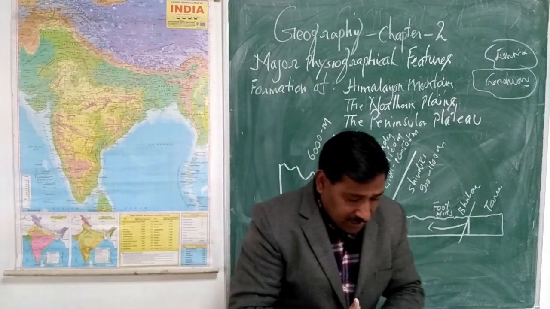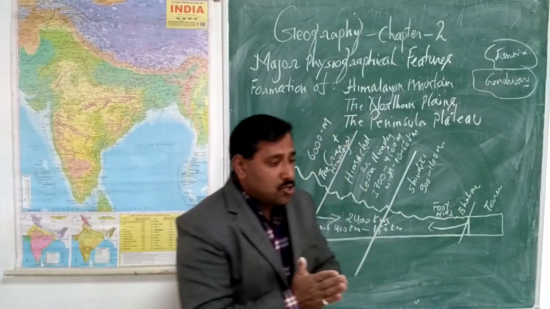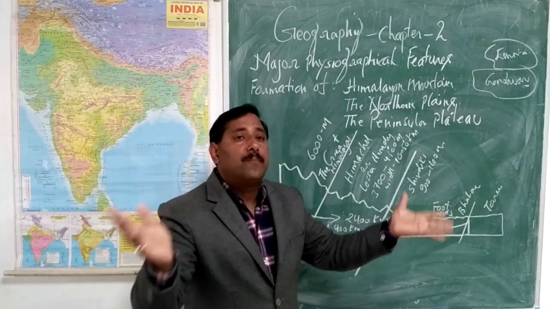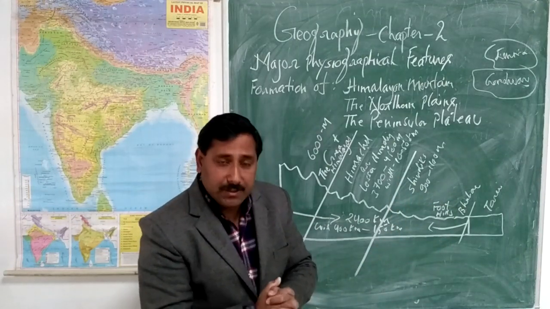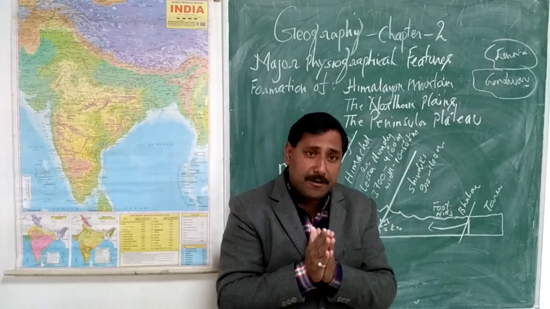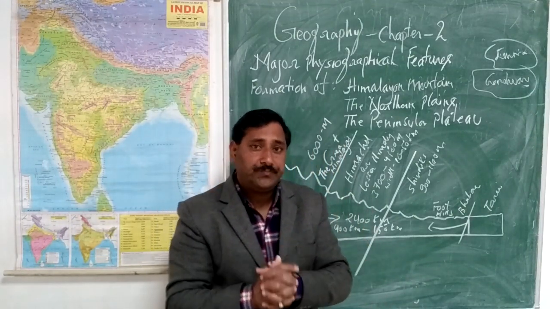And the convectional currents split this landmass into a number of pieces, which are moving from one part to another, and the movement is very slow.